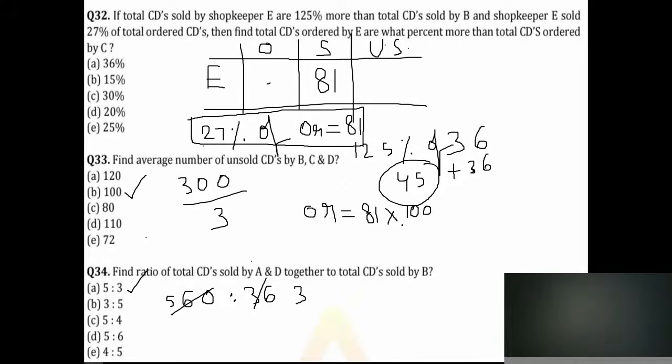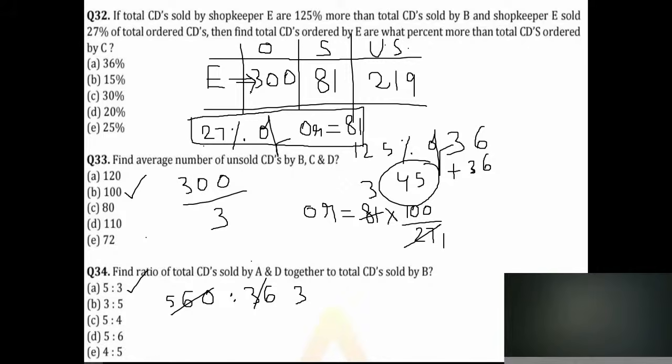Now if you simplify this, 27 into 3, so ordered value is equal to 300. Ordered value is 300. In that, sold value is 81. So they sold 81, which means they did not sell 219. In E, they ordered 300, they sold 81, they did not sell 219.